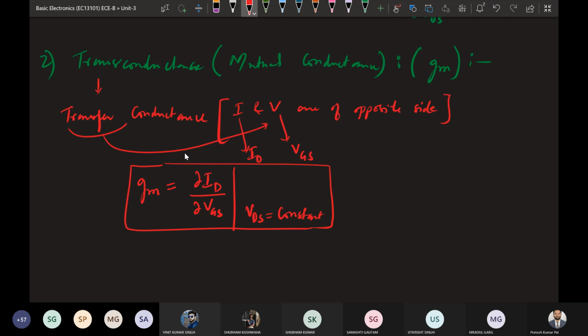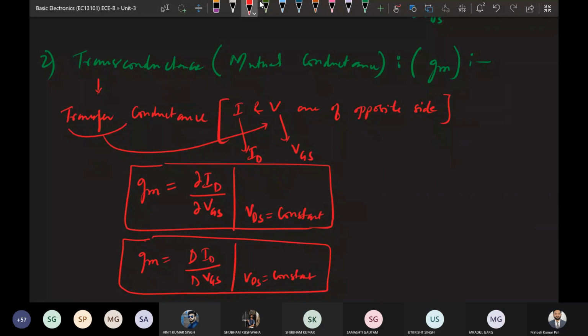Okay, so GM is defined as change in ID divided by change in VGS, and this is defined for constant VDS. Okay, so this is how the transconductance is defined.